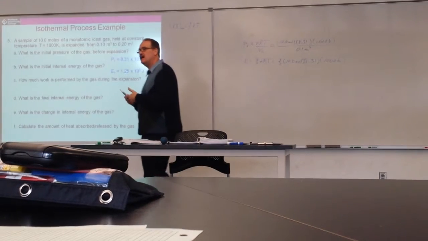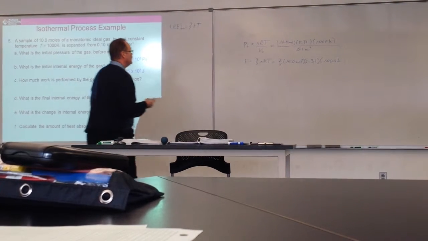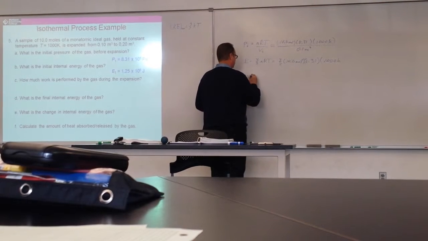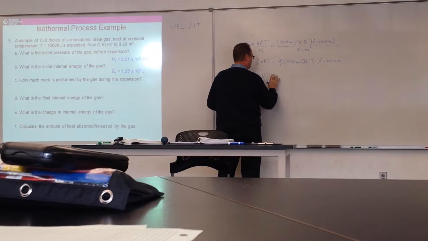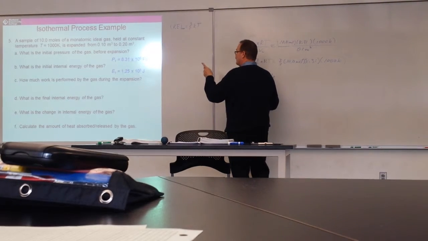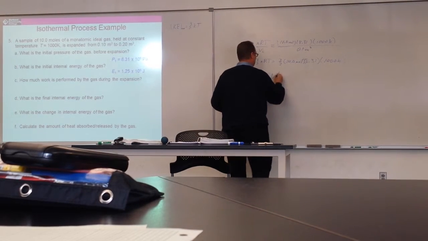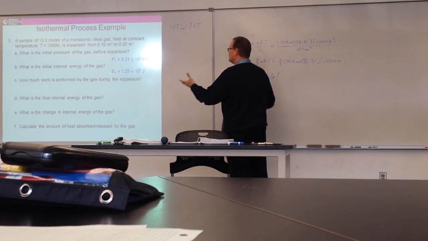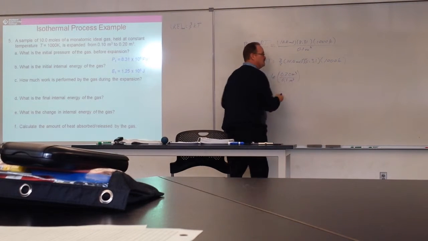Now it gets a little more complicated. How much work was performed during the expansion? Well, if you remember, the work done by an isothermal process is nRT times the natural log of the final volume divided by the initial volume. So this one will be a little more challenging to do quickly. This is an expansion, so it's 0.2 meters cubed over 0.1 meters cubed, so it's going to be the natural log of 2.